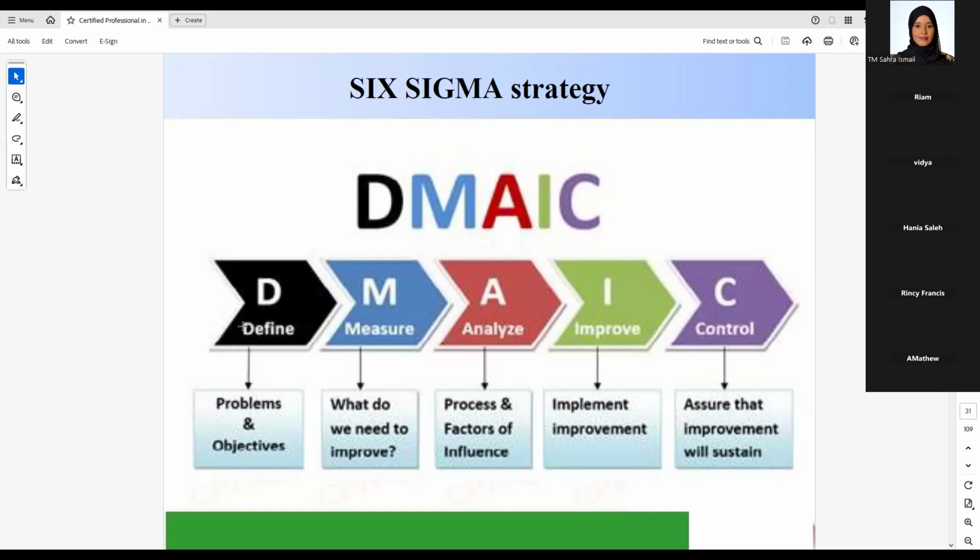A3 usually is like a summary of whatever you are doing, and it's easier for the people to understand. You can say it's a kind of form: just straightforward, define your problem, what statistics you use, then what happened, and what is your result.